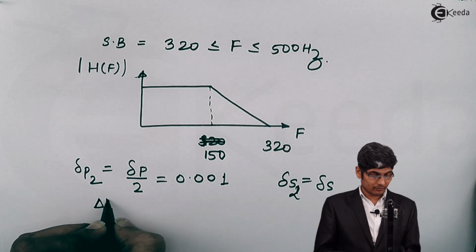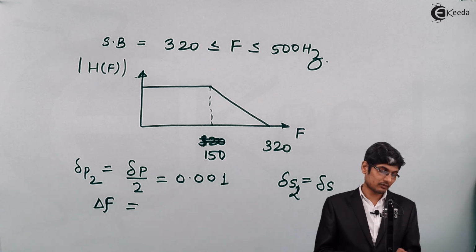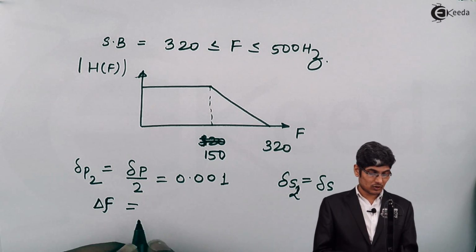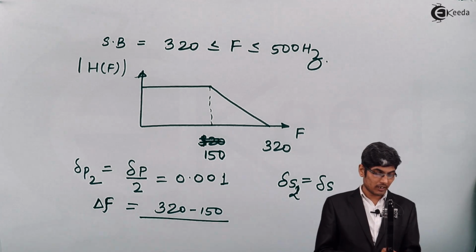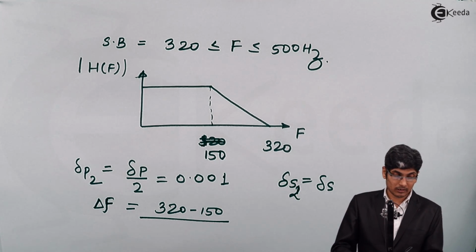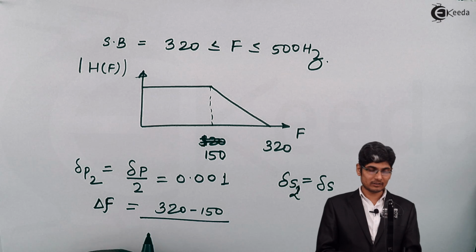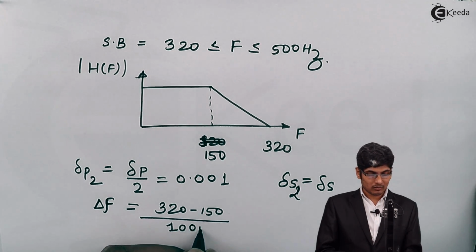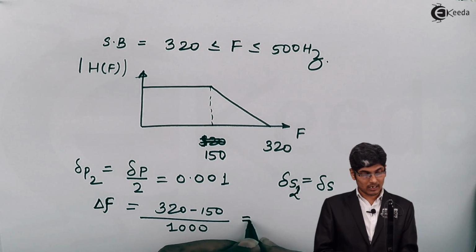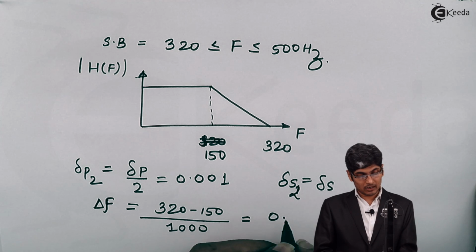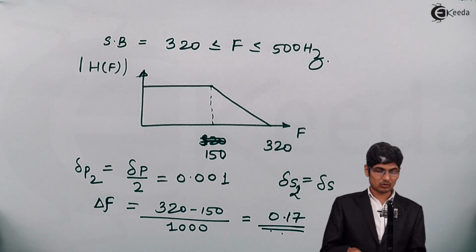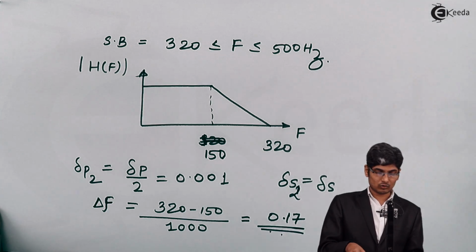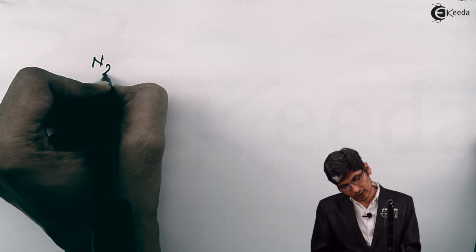What will be delta F in this case? Delta F will be the transition width: 320 minus 150 divided by the input sampling rate at this stage, which is 1000. So that comes as 0.17. So you got delta P2, delta S2 and delta F, and I'm ready to go with the order N2.